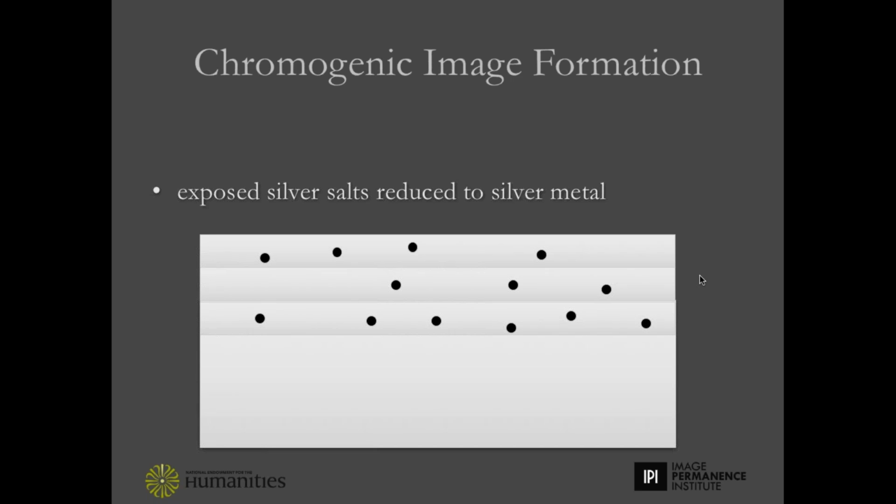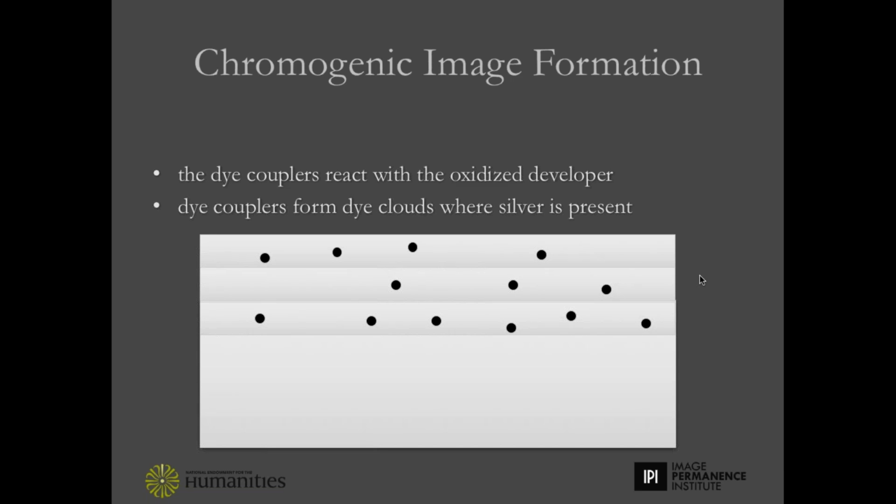Remember, silver image formation is an oxidation-reduction reaction. The silver gains an electron, is reduced, and it's the developer that's losing an electron, and so the developer is oxidized. These invisible dye couplers react with oxidized developer to form colorless dye clouds around the silver image particles.